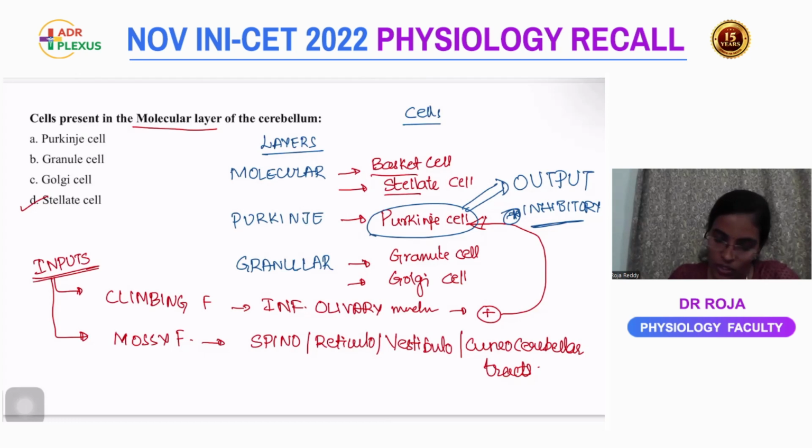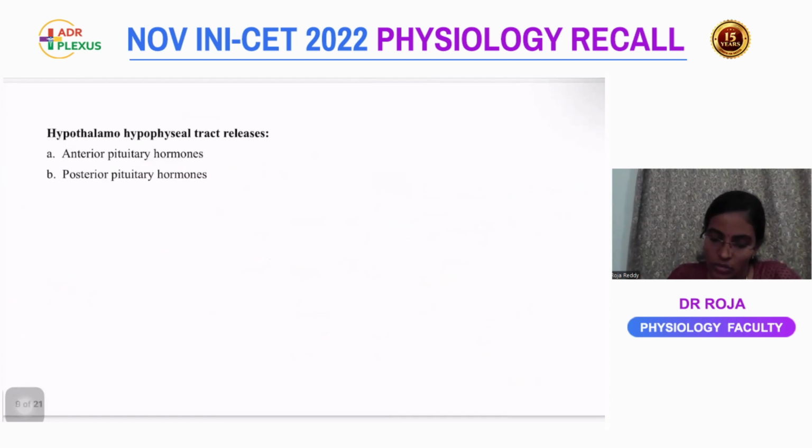Okay. So the answer for this question is the cell which is present in the molecular layer of the cerebellum. It is the stellate cell. If the option was basket cell, you can opt for basket cell. Okay. So yeah. Then we have the next question, that is the hypothalamo-hypophyseal tract releases.